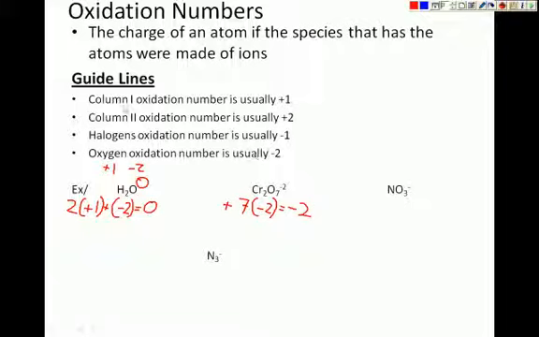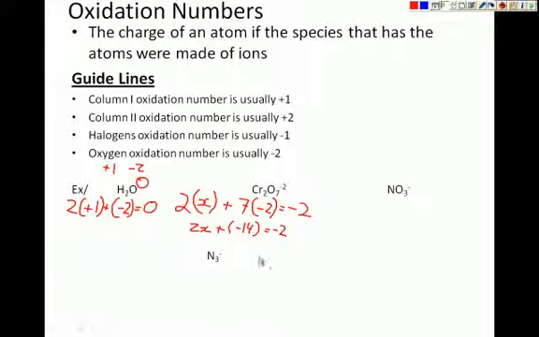Cr is not in column 1 or 2, it's not a halogen, and of course it's not oxygen. So Cr we don't know, and anything we don't know, I like to call X. And we have 2 of these.